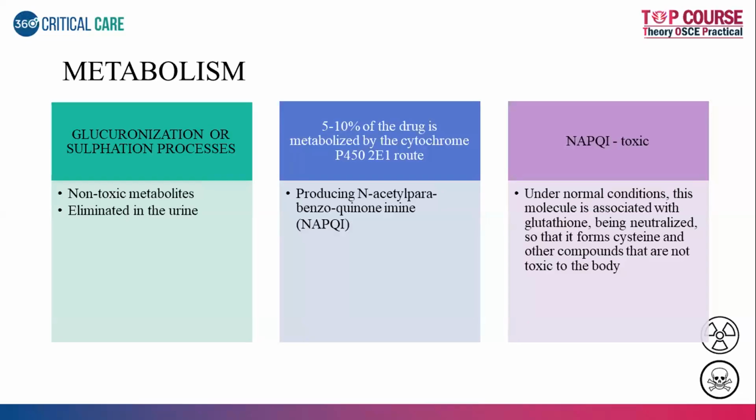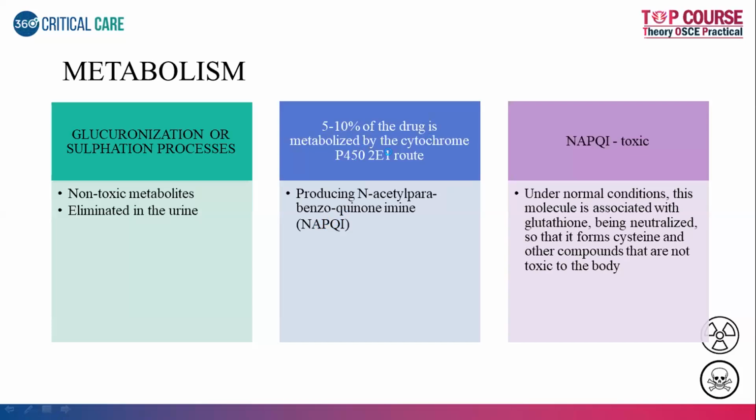Now coming to the metabolism. This is very, very important for us because paracetamol toxicity usually involves this metabolism part of the drug. Okay, so there are two important ways by which the drug is metabolized. The major form is by glucuronidation or the sulfation process, where there is production of non-toxic metabolites which are usually eliminated in the urine. Around 5 to 10% of the drug is also metabolized to your NAPQI through the cytochrome P450 2E1 route.